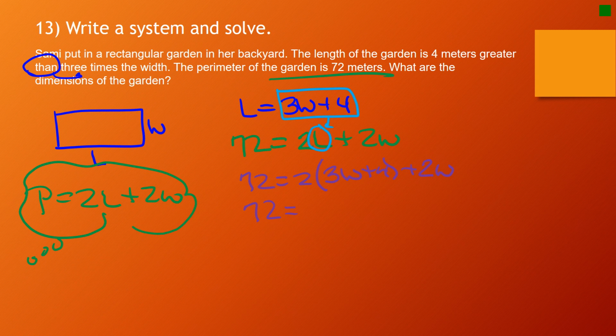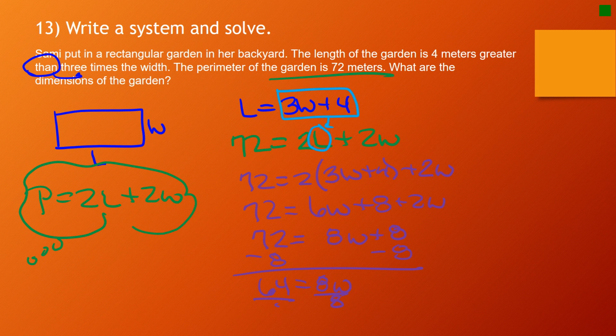Do my distribution. 6W plus 8 plus 2W. So 72 is 8W plus 8. Subtract the old 8-aroo. I get 64 equals 8W.